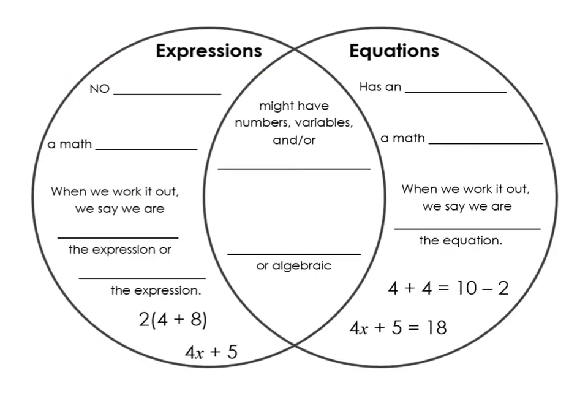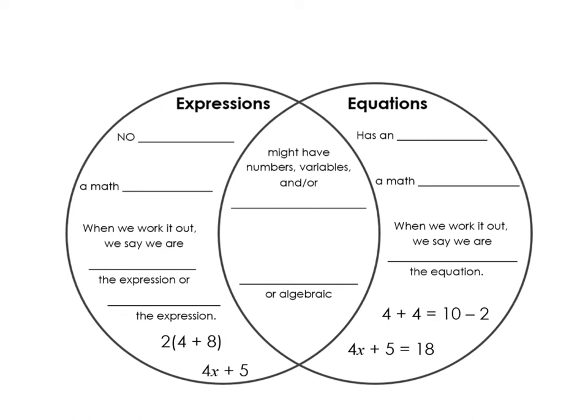All right, now we're going to really talk about the difference between an expression and an equation here. And if you notice, the expression had no equal sign. That's the main thing. Expression had no equal sign. This is like a math phrase.